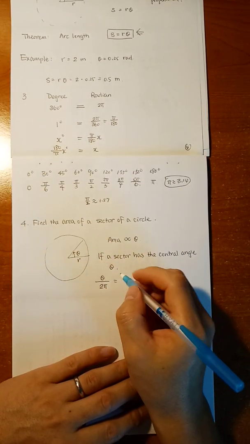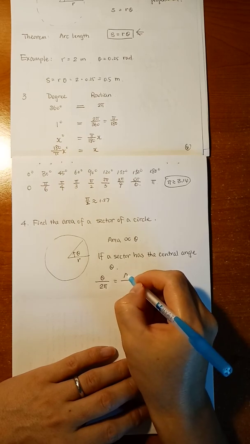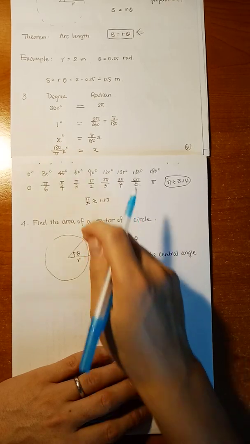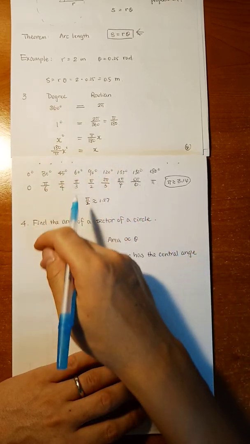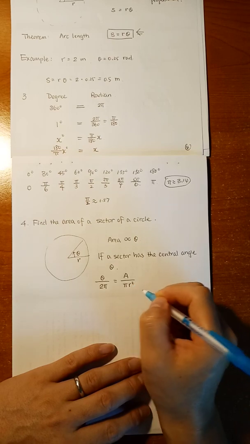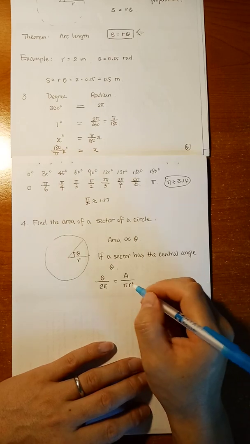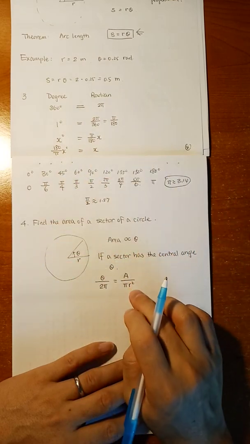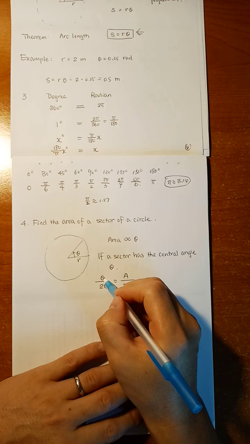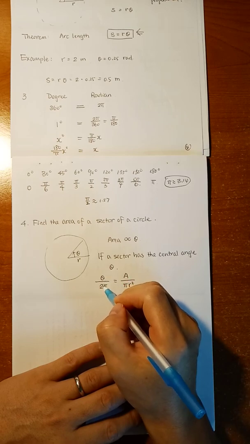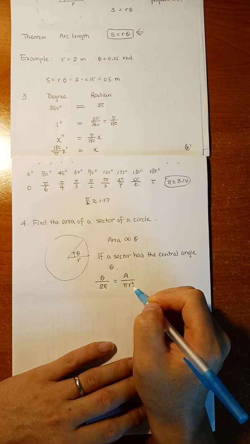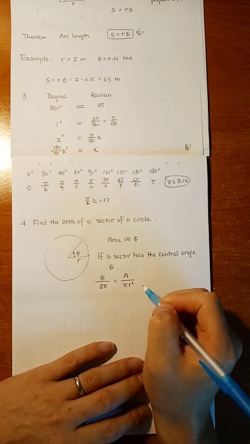This is a ratio. It is equal to the area of the sector over the area of the whole revolution. The area of the whole revolution is pi r squared, right? The whole disk has an area pi r squared. So the ratio between the central angles is equal to the ratio between the areas, right?